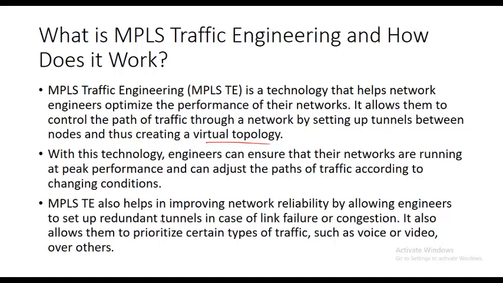Traffic engineering also helps to improve network reliability by allowing the engineer to set up redundant tunnels in case of link failure or congestion. As they already spoke, if one path, which is considered primary, is congested, if you don't have enough bandwidth that your application needs, it's going to take another path, going to create another tunnel. Same thing if the link fails, it's going to do the same thing.